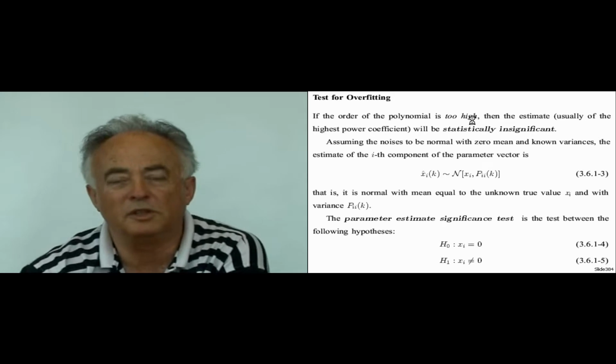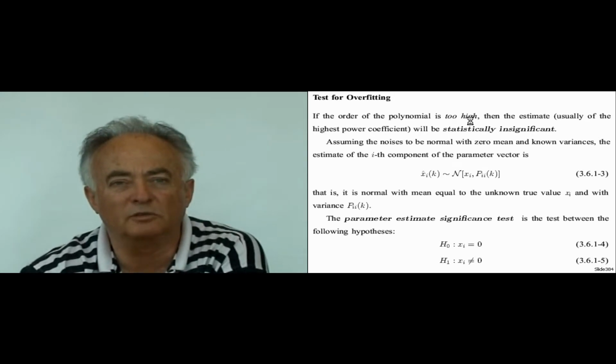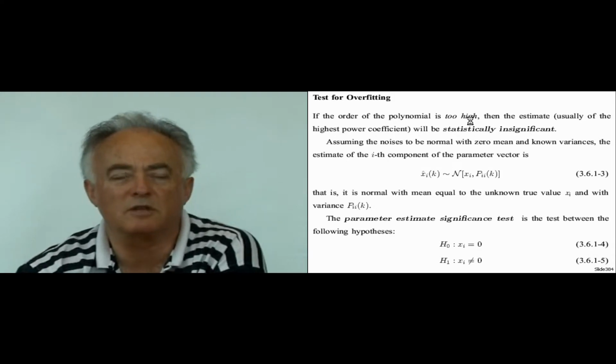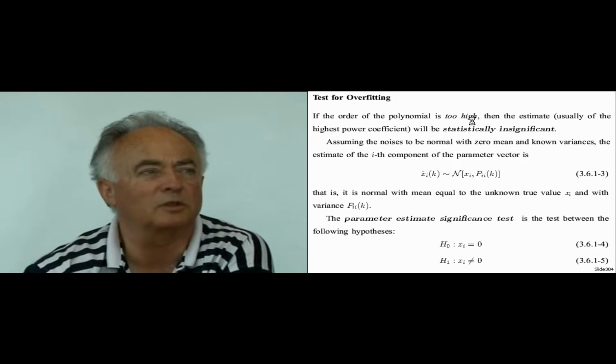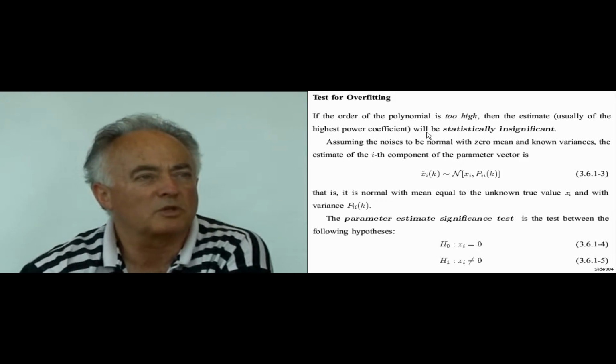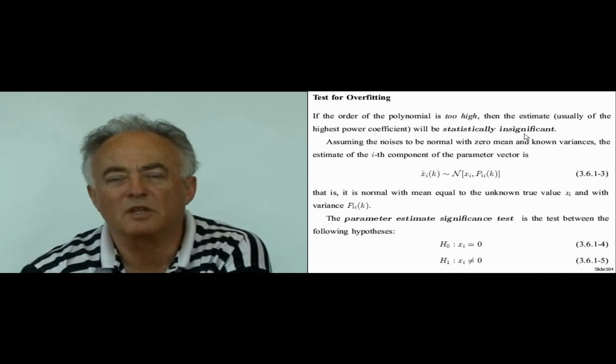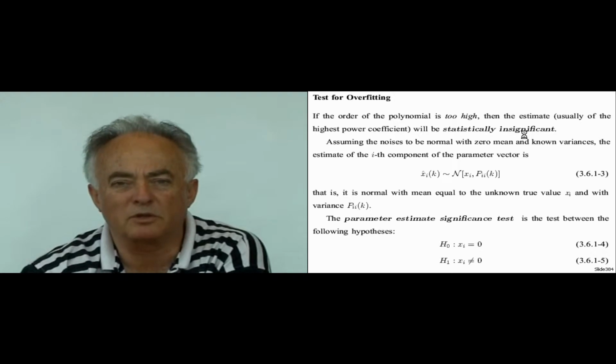But we don't know the real thing, so we'd like to infer from the estimated values whether to accept that there is such a parameter or its value is 0, meaning there is no such parameter. And that's what we say. In the case where we overfit, typically what would happen is the highest power coefficient would be statistically insignificant. Namely, we can accept the hypothesis that it is 0.